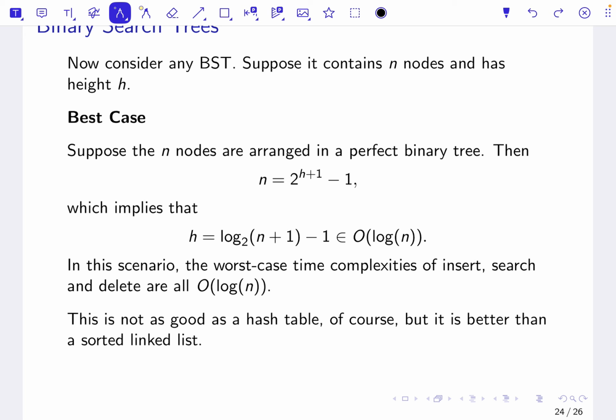Now, this slide has something kind of weird in it, something that might seem like a contradiction. We see that in the best case, the worst case time complexities are like that. Which is it? Pick a side. Is it the best or the worst?